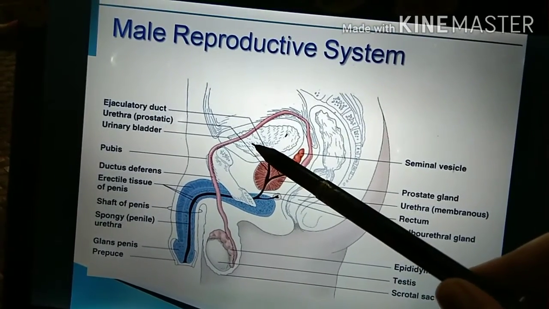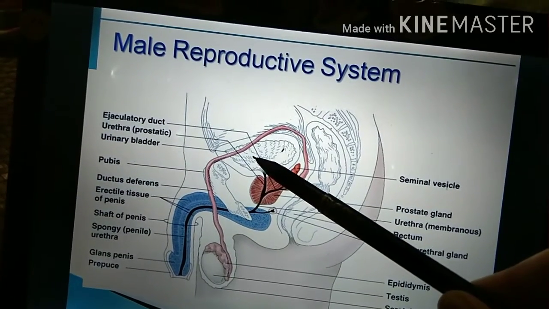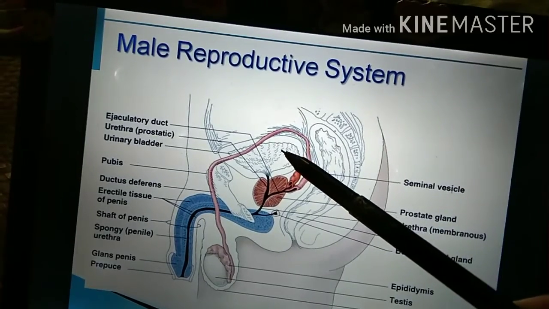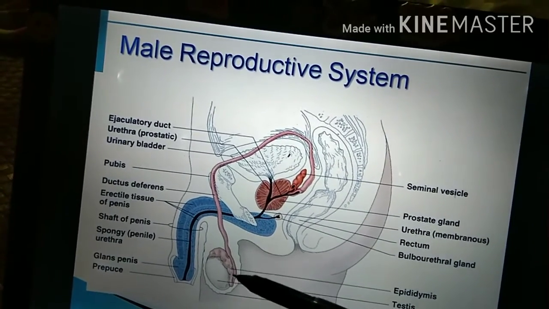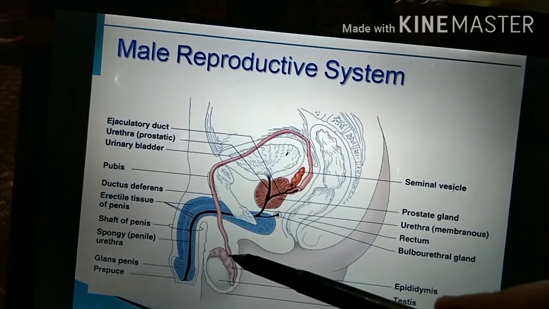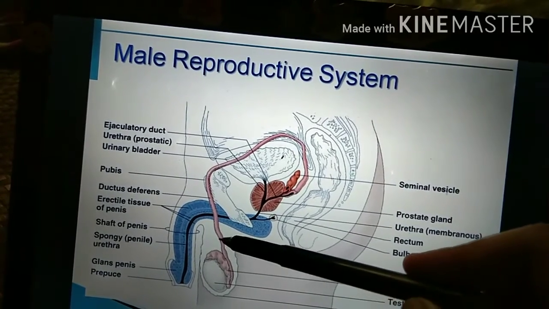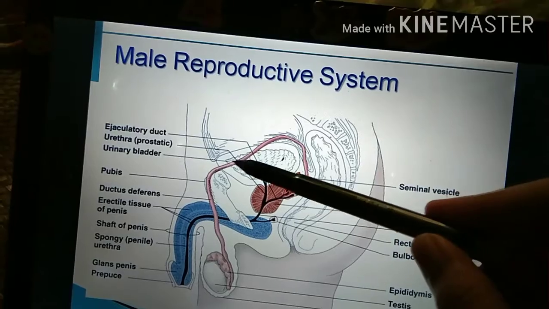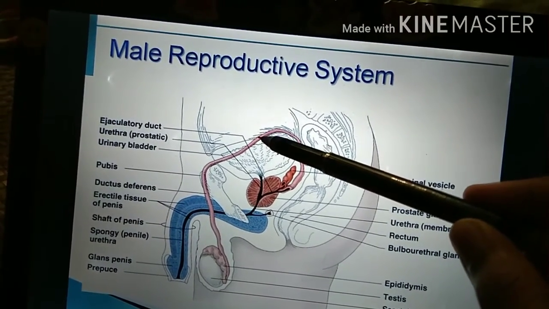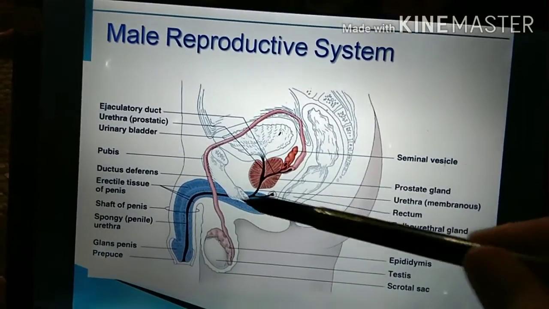And the vas deferens transports mature sperm to the urethra. Once the sperm matures in the epididymis, the vas deferens is the passageway of sperm to the urethra, the tube that carries urine or sperm to the outside of the body in preparation for ejaculation.